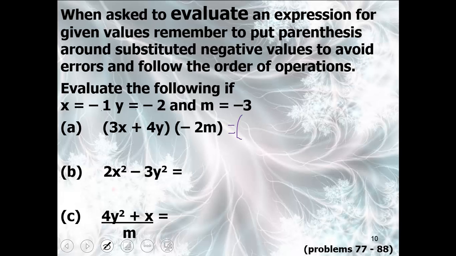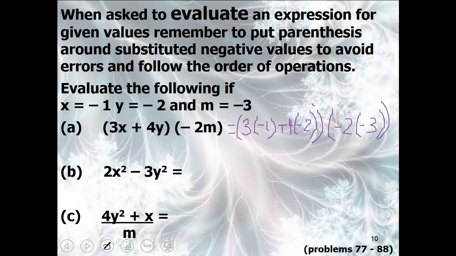So I have 3, and I'm going to put in parentheses, so I'm going to get nested, and that's okay. Plus 4 times negative 2, okay? And then I'm going to multiply that by negative 2 times a negative 3. All right?